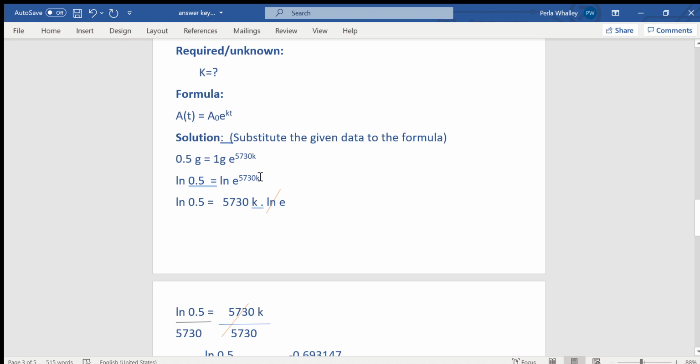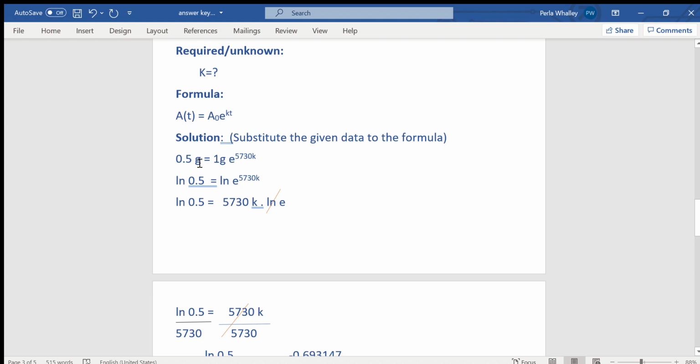Now, where did this one go? It's not here anymore. So what happened to it? Okay, now gram and gram here are cancelled. There is no need to write 1 because it will not affect the value anyway.